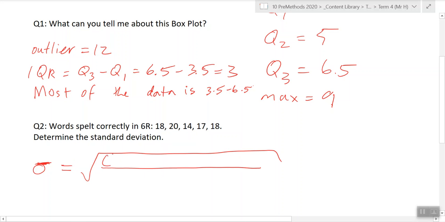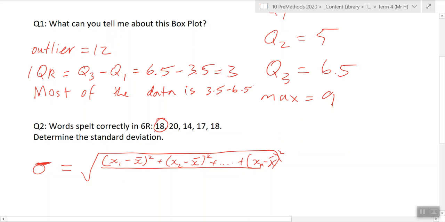Yep. x1 take mean squared, plus x2 take mean squared, and so on, etc. So you're adding all of the differences squared, until you get to the final x value. That should be a minus, not a plus. So you're taking each of these numbers and minusing the mean away from it.